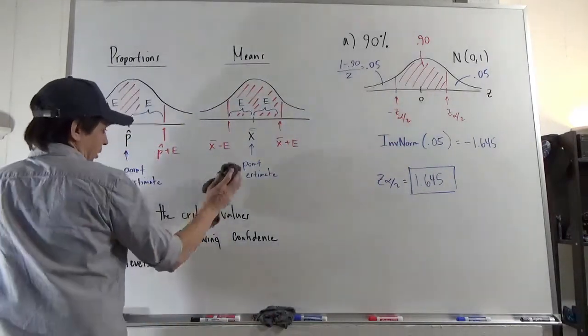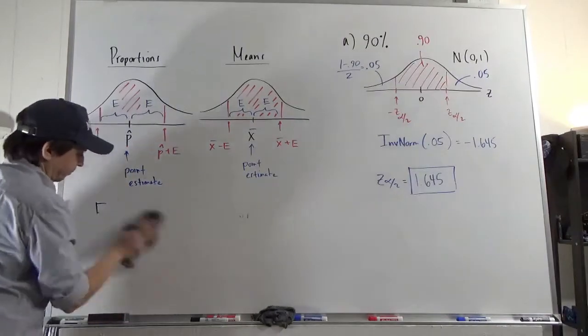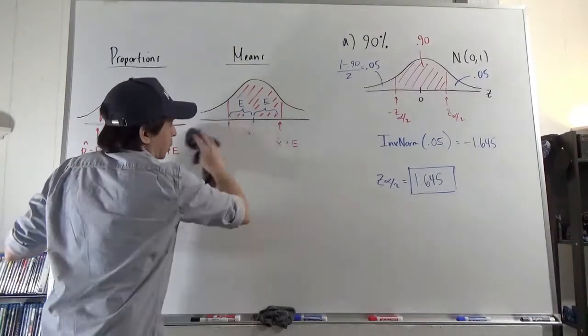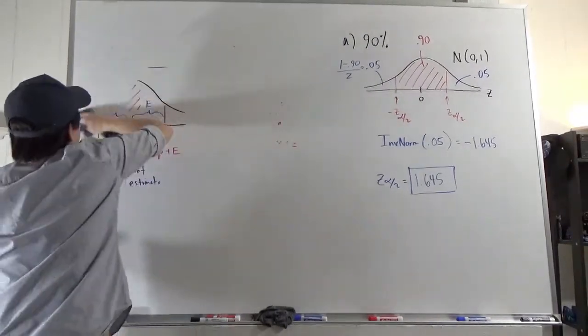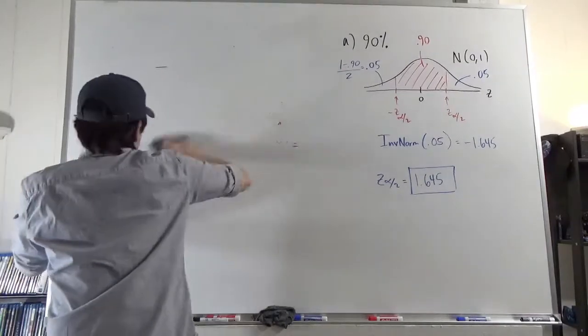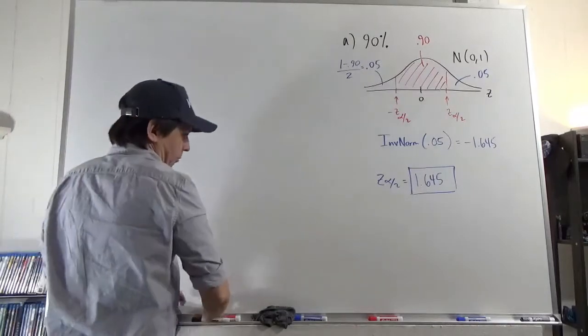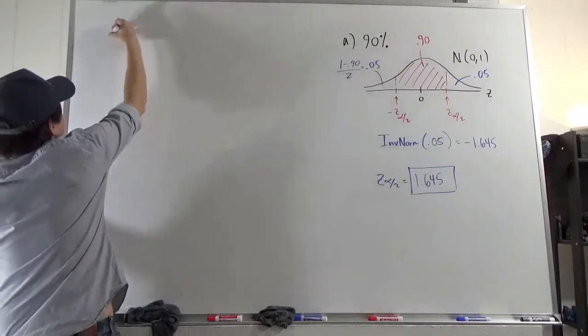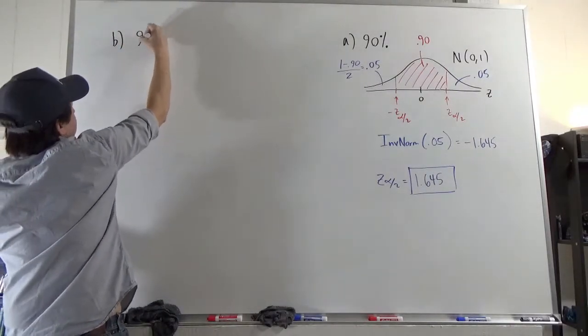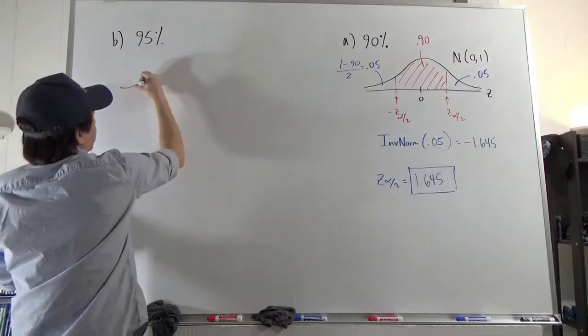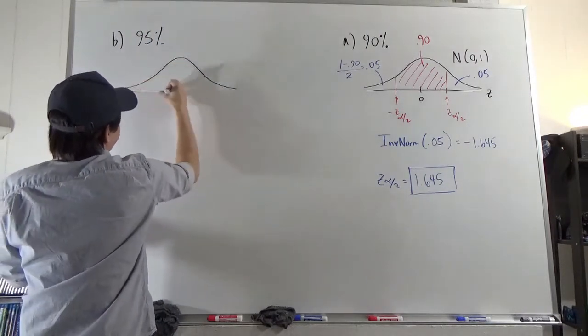Let me continue on. I'm going to 95, then 99. Much quicker though. Okay, 95%. This is a super common one.